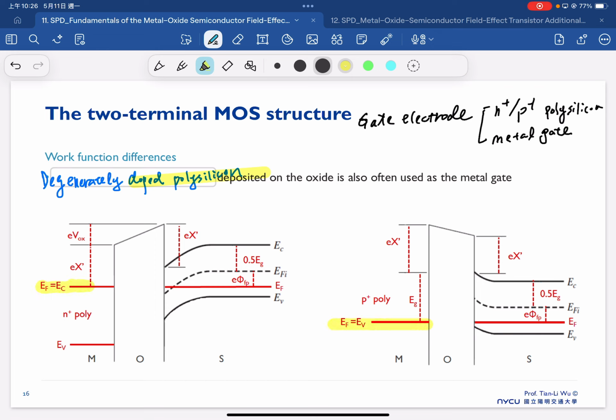And this is the case for the Fermi energy equal to the valence band. That is probably not that critical nowadays, but for some technologies we still use a polysilicon gate, so you should be aware of this consideration.